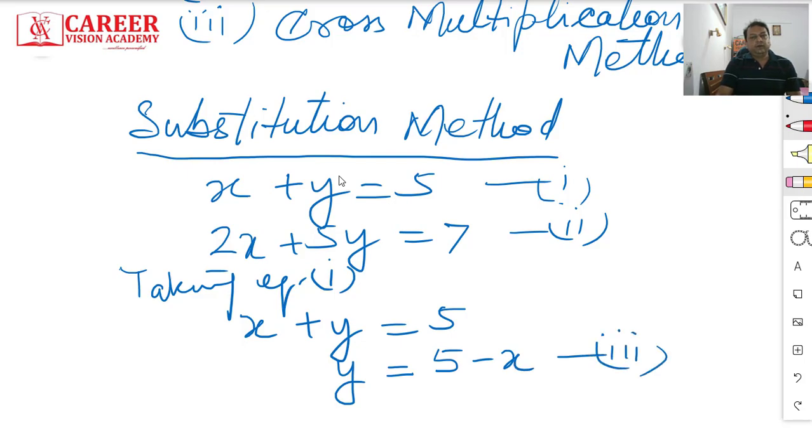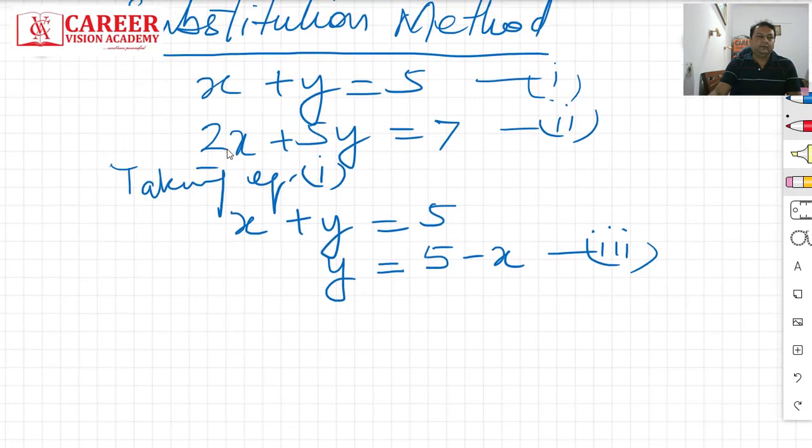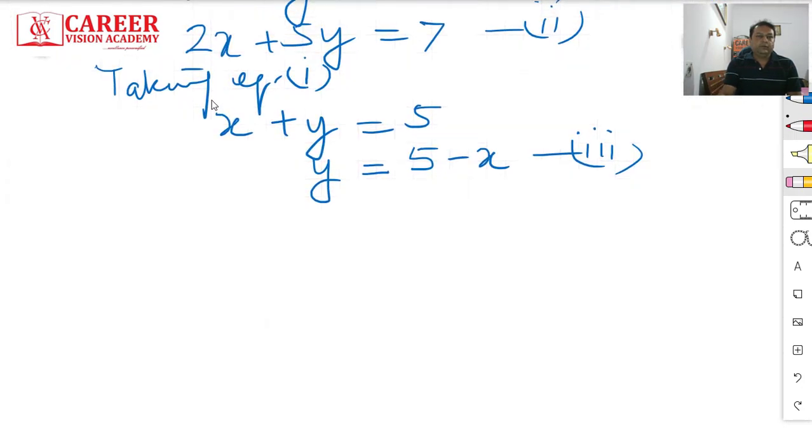Now with equation 1, I have formed a third equation in which I have got the value of y in terms of x. So y is equal to 5 minus x. Now the word substitution comes in use. What do you mean by substitute? Substitute means replacing that value.